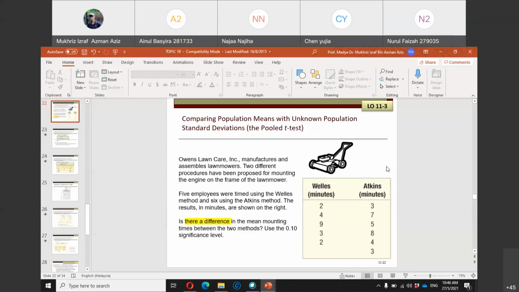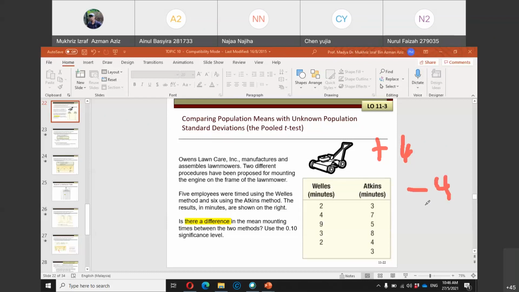Of course, the answer will have the opposite sign. Let's say if you put Wellis minus Atkins, you may get a positive value, for example positive 4. But if you put Atkins minus Wellis, you may get negative 4 as the answer.